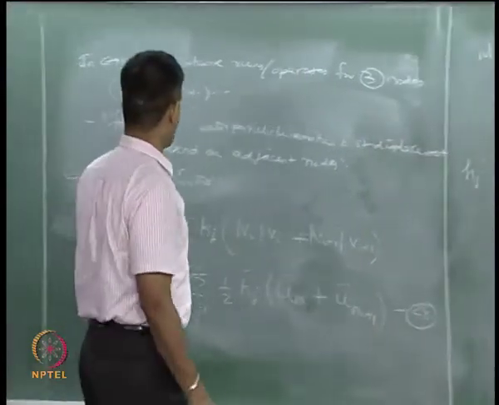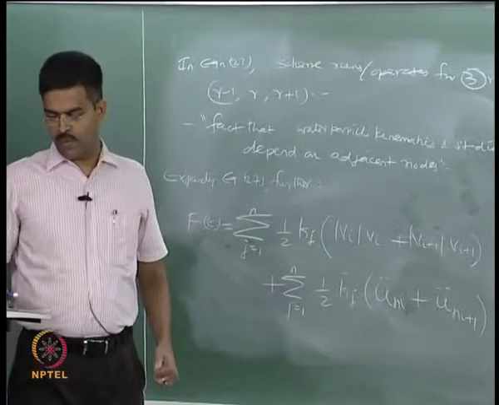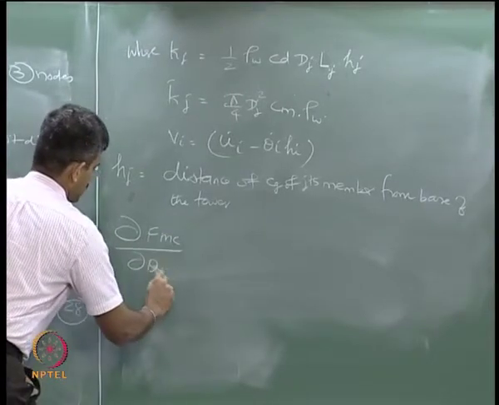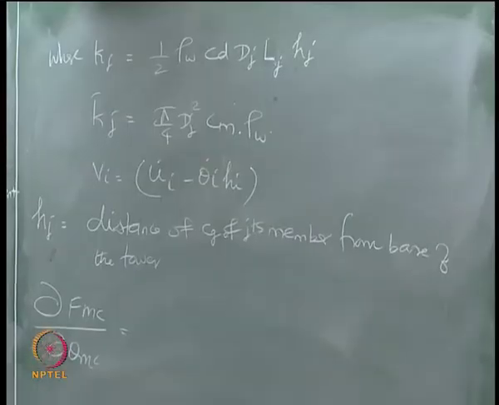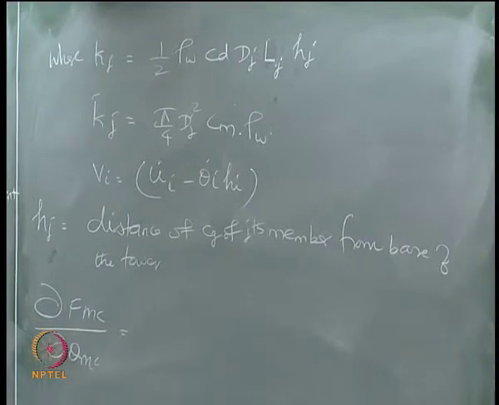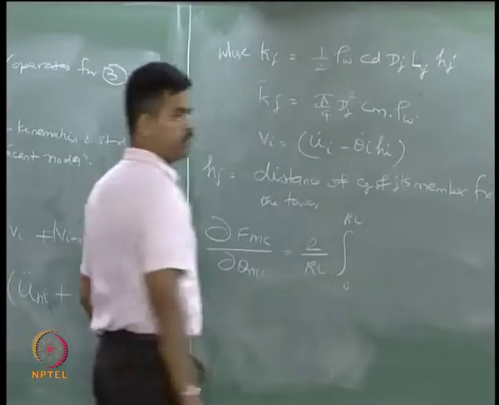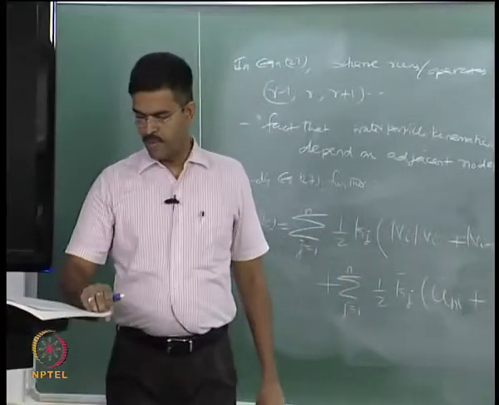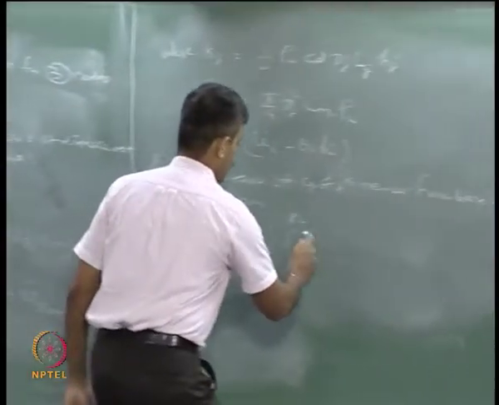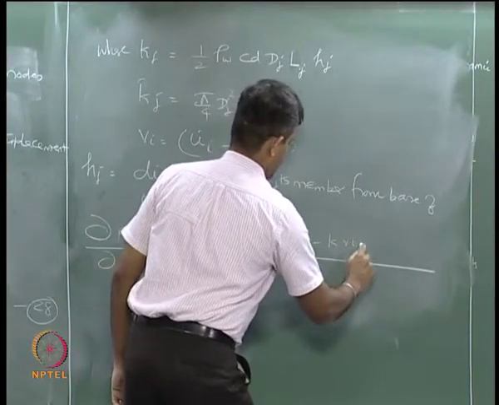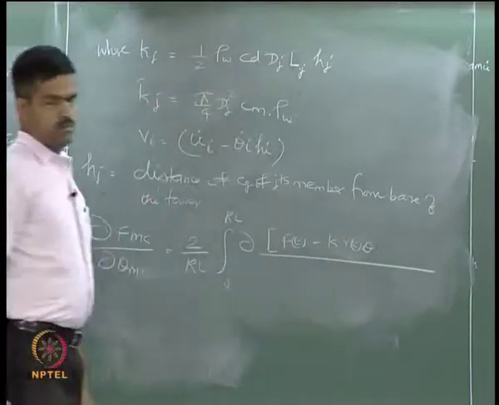Now let us look at the derivative of one example. We picked up one derivative from the Jacobian, which is dou fmc by dou theta mc. Let us see how this looks now, because I have expanded f of t. This will now become 2 by record length of the integral from 0 to record length of dou of the derivative of f of t, k nu t.